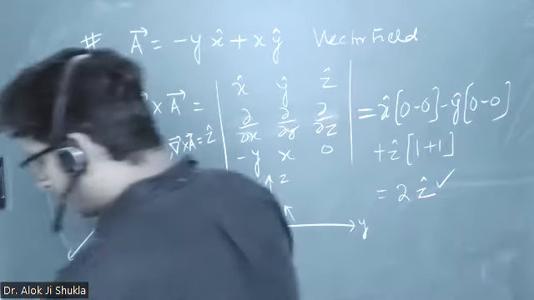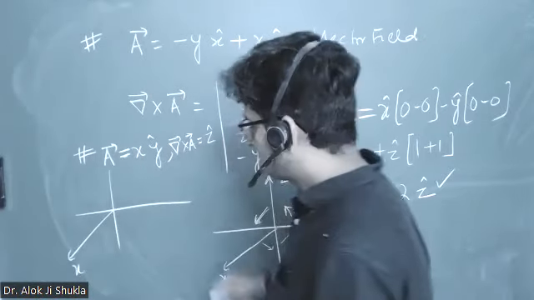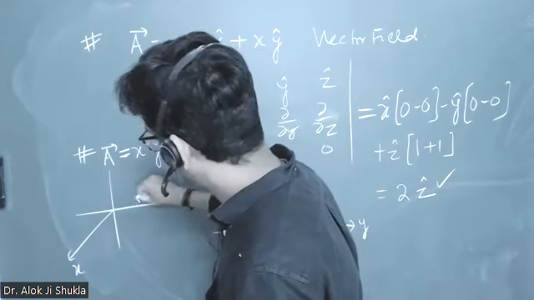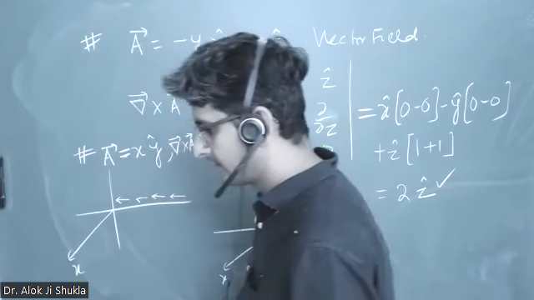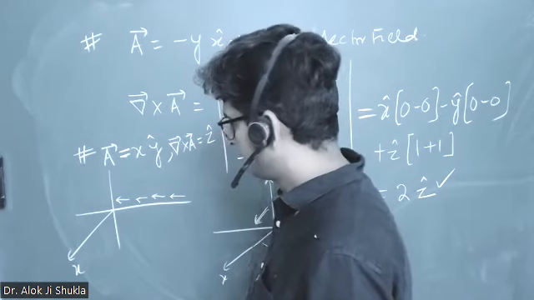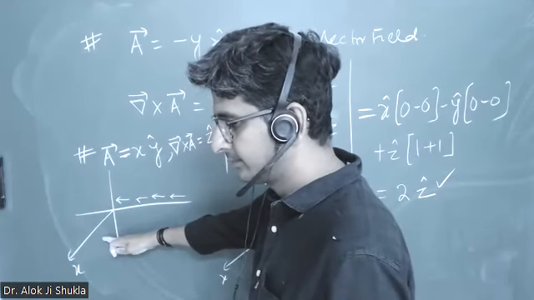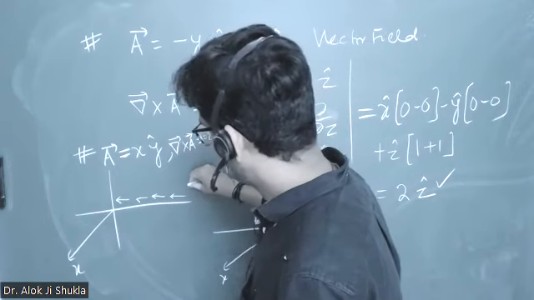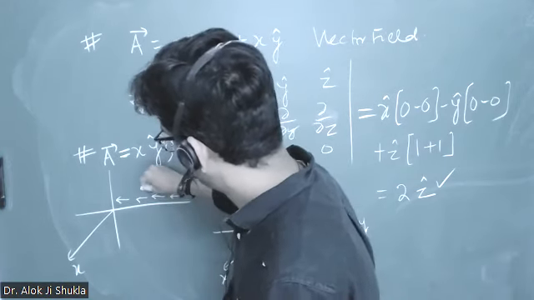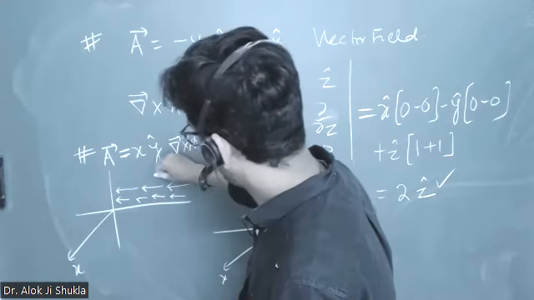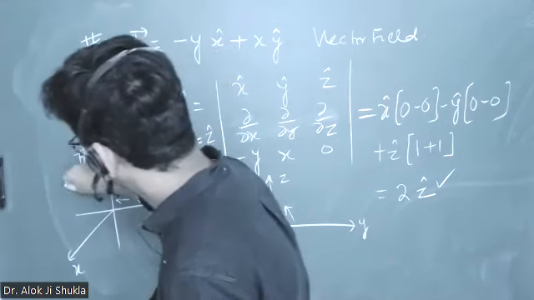So if you draw the vectors, as you come close to x equal to 0, the magnitude of the vector will be small, because it is depending on x. And as you go farther away, it will become bigger.